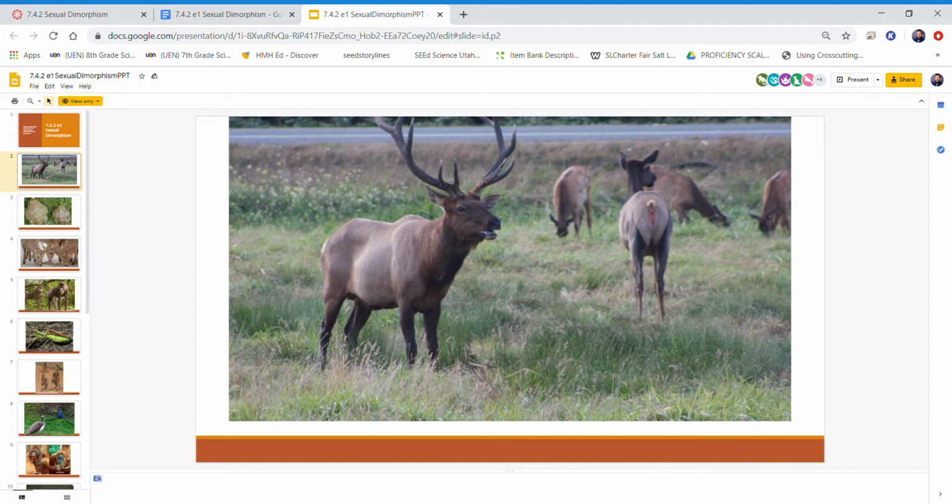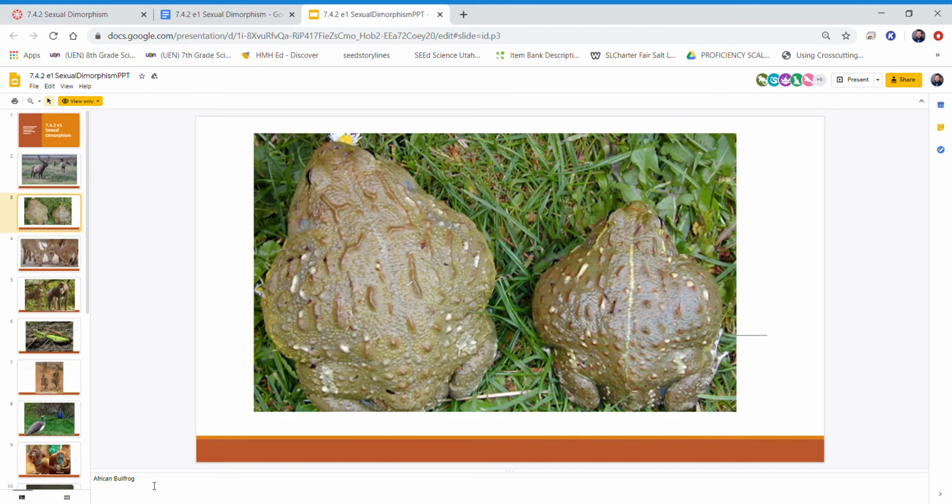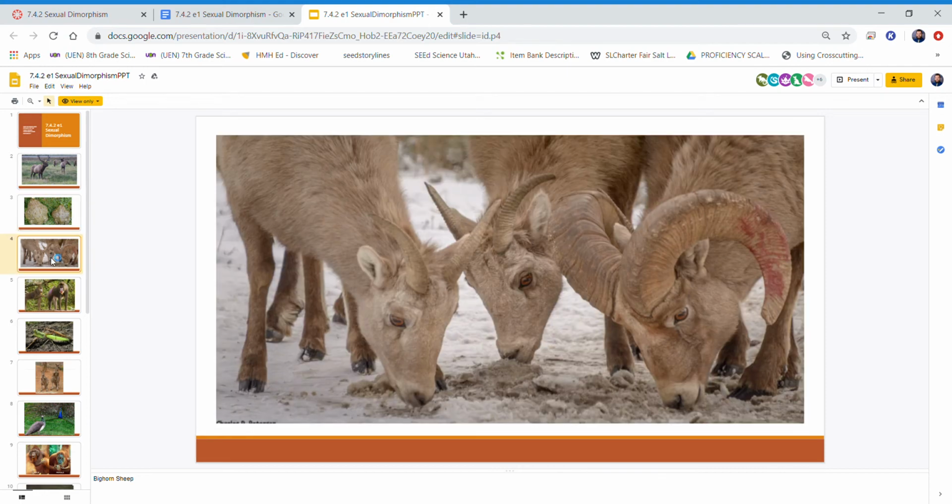So somewhere in here there is a male and a female, and maybe there's more males than females, or maybe there's more females than males, but we're just guessing which one would be male and which one would be female. And how would you describe the difference between the two? The next slide. This is the African bullfrog, a male and a female here. So you would say the bigger one is, and then you do your guess, either male or female. And the smaller one would be the other one that you did not choose.